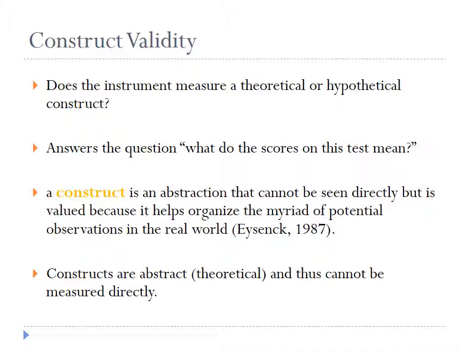They can't be directly assessed or valued because we can't see them, we can't touch them. And so since they can't be measured directly, we have to come up with alternate ways of measuring them. Intelligence, for example. We cannot see intelligence. We cannot hold it. And so we have to come up with alternate ways of measuring it.